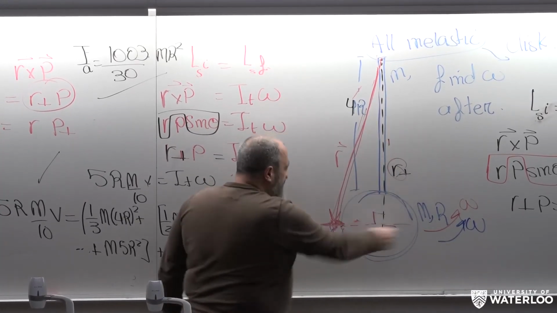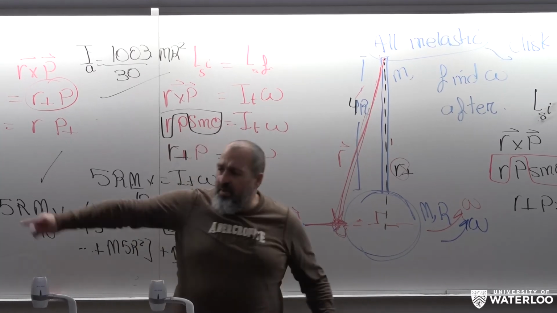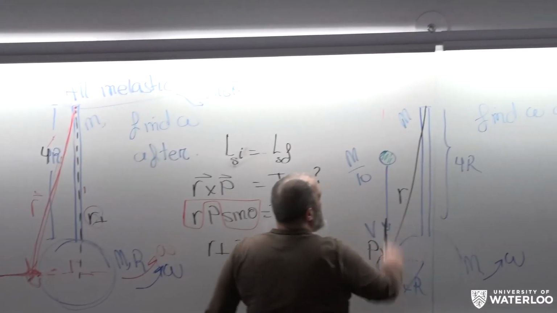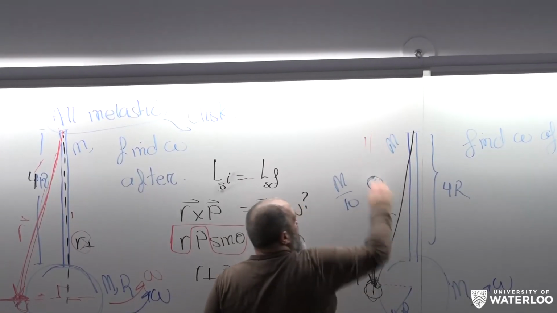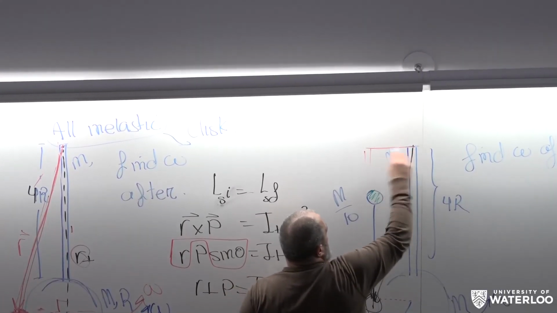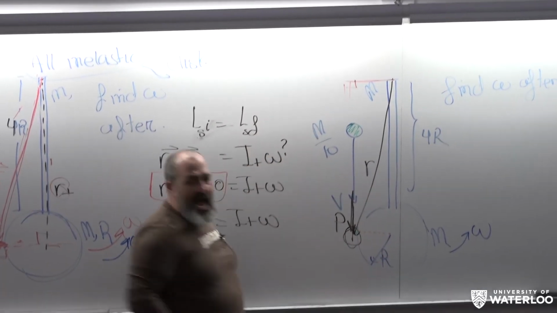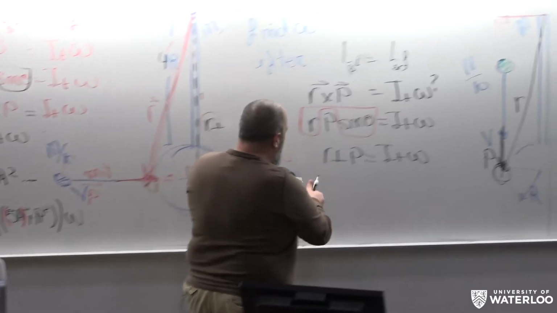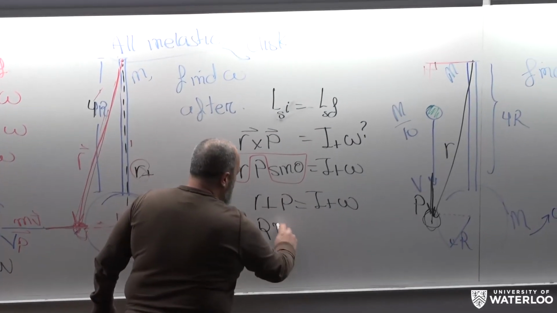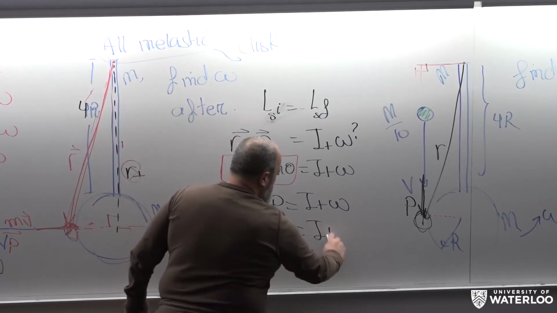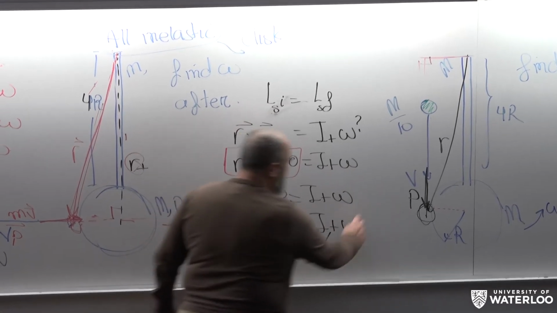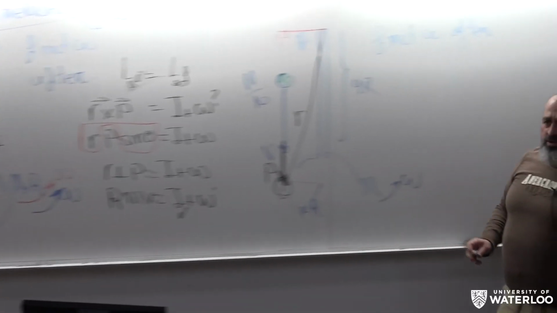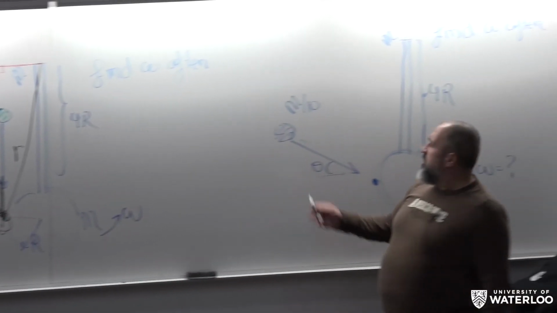You extend P this way and that way till you find R perpendicular, this distance, which is the same as that distance. So this problem reduces to what? M, V equal to I total omega, which I total you have, and you can get omega. All right? Now, on your own, in another minute or so, do this one.